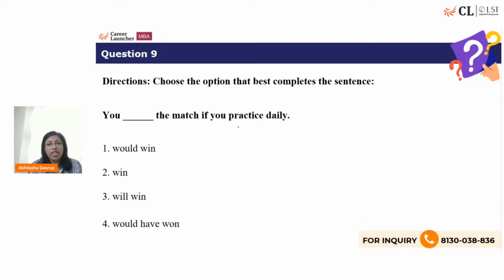Okay, if you practice daily, so this is the simple present, you will win the match, or you win the match, but that's not necessary, no? So therefore you will win the match, because this may not be a universal truth. So please understand, you will win the match. Again, this is the first conditional.